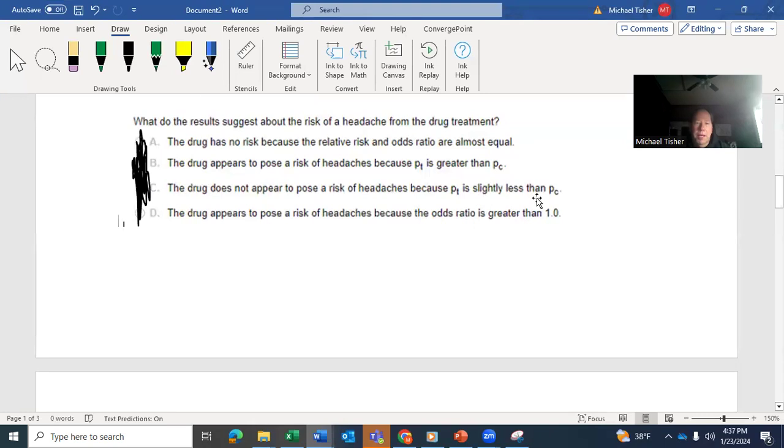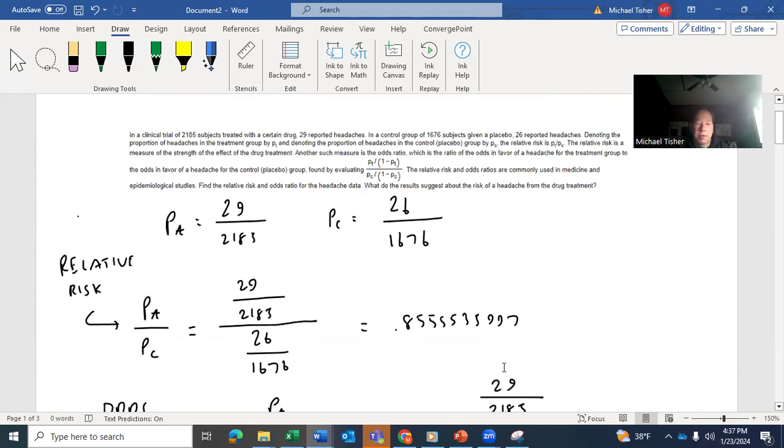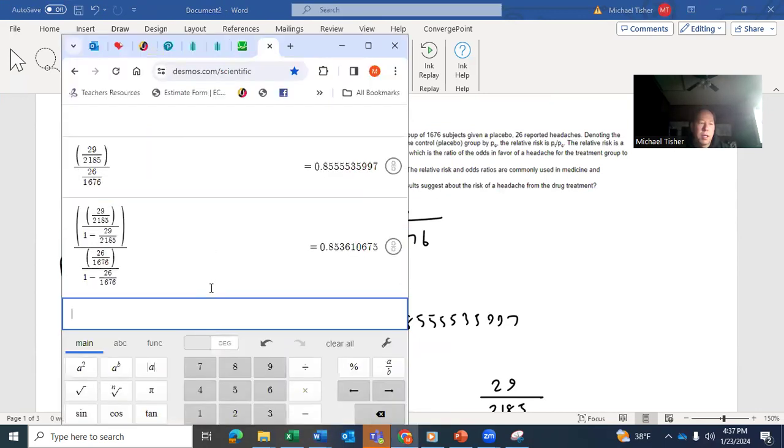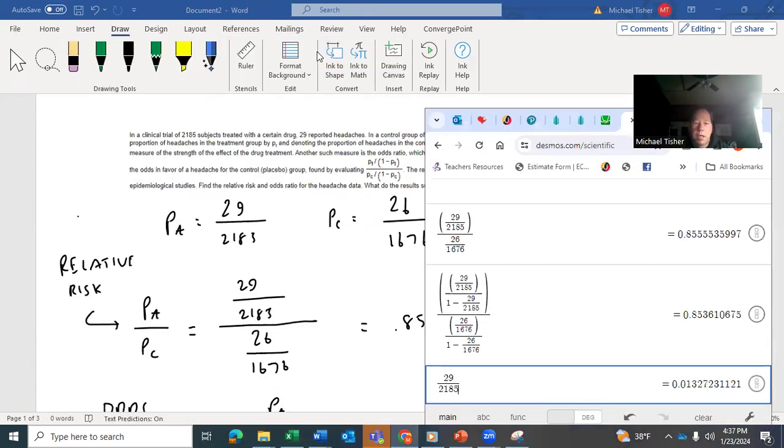All right, so let's find out. Let's look at PT and PC and convert those to decimals directly. It looks like with the treatment group, there's only a 0.013 probability of getting a headache.